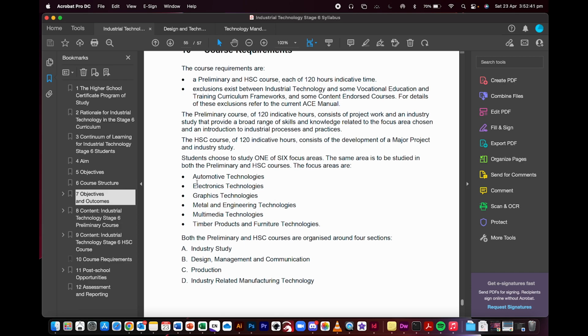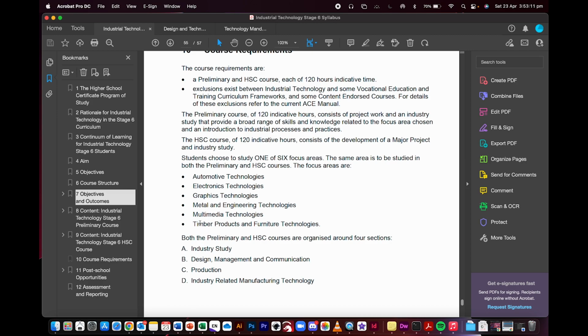Now, teachers aren't qualified to teach every single focus area within the industrial technology syllabus. I am actually accredited to teach timber products and furniture technologies, multimedia technologies, metal and engineering technologies, and graphics technologies. So the other two I don't have the accreditation to teach, or the codes to teach.